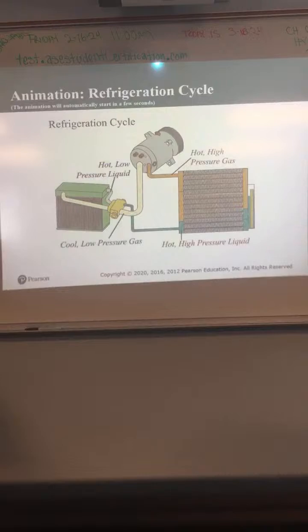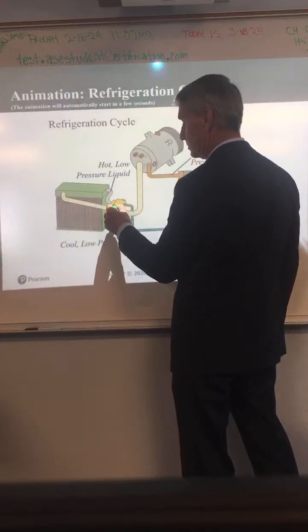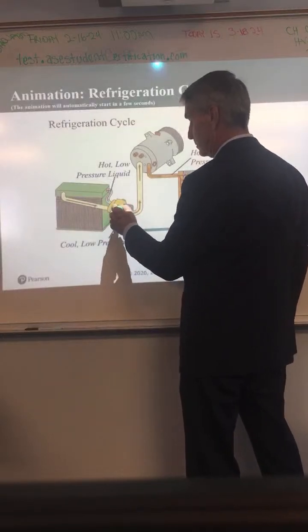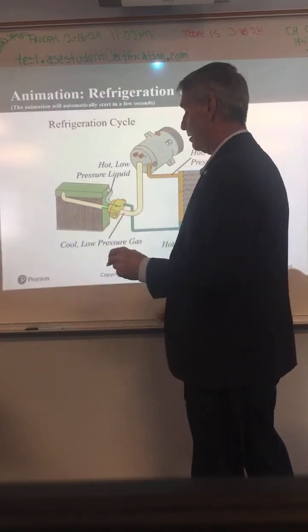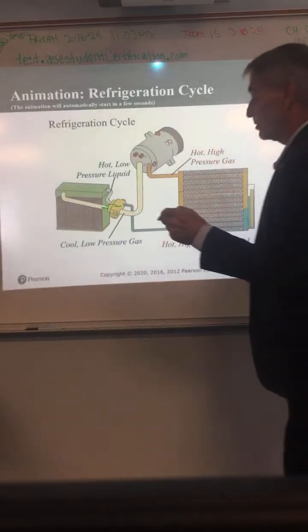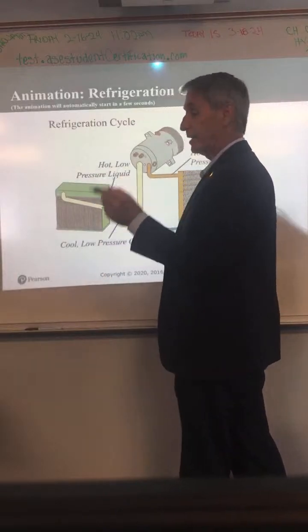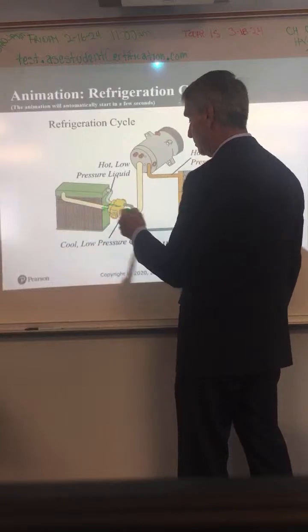You remember in that video where he said the thermal expansion valve will have a temperature bulb, a probe located on the evaporator outlet. You got to remember that. You also got to remember that some thermal expansion valves do not have a separate temperature bulb or probe, okay?